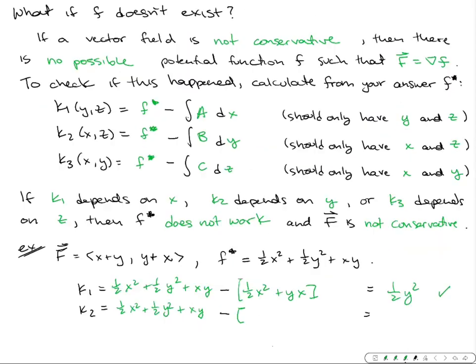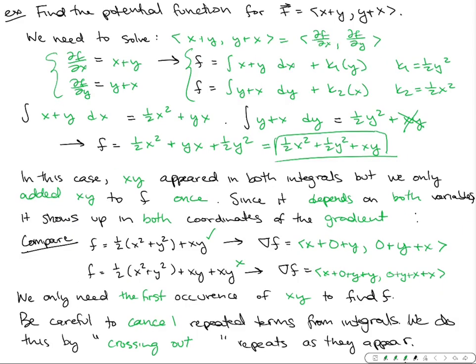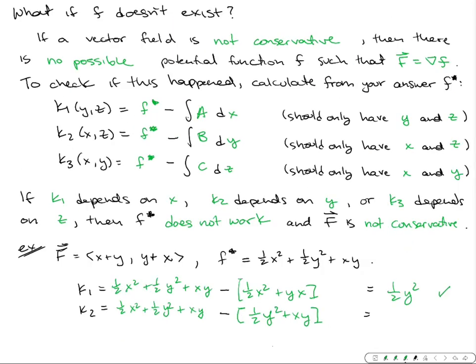When we do that subtraction, the 1/2 y squared cancels with the 1/2 y squared, and the xy cancels with the xy, and we're left with 1/2 x squared.